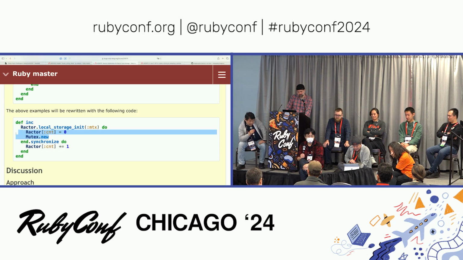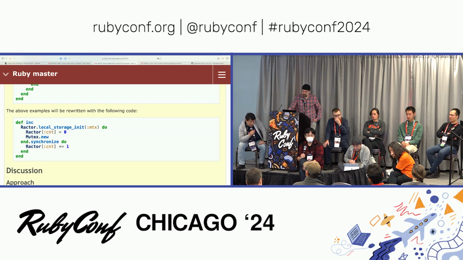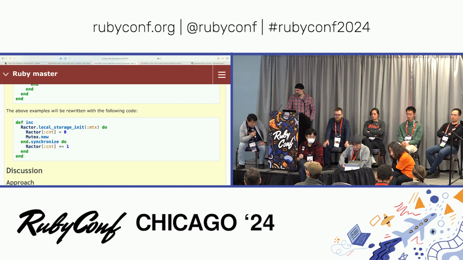But if we already have a local storage named MTX, the block is simply ignored. You mean it returns the MTX data? Right. I can understand your intention, and then it calls synchronize on the return value.